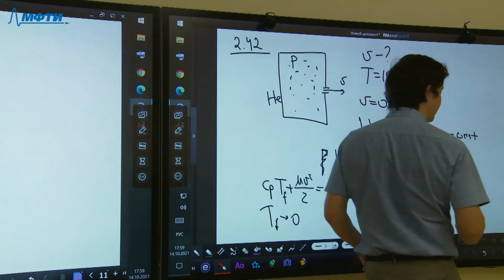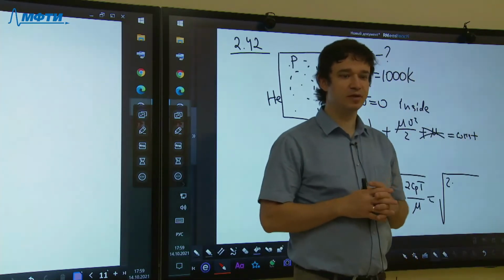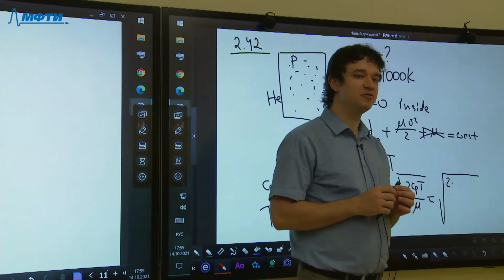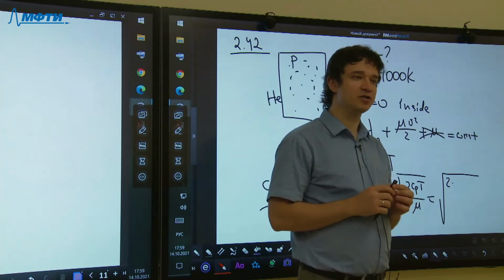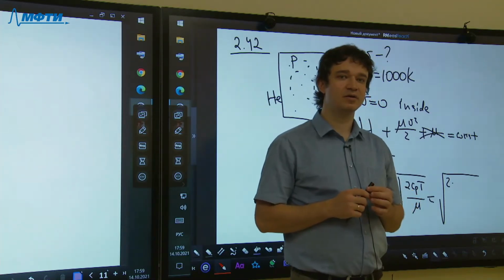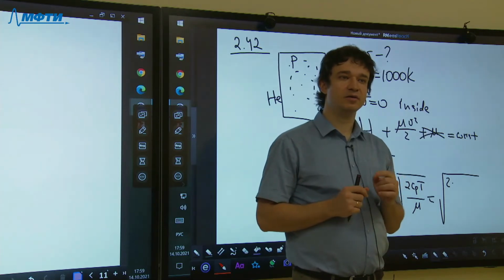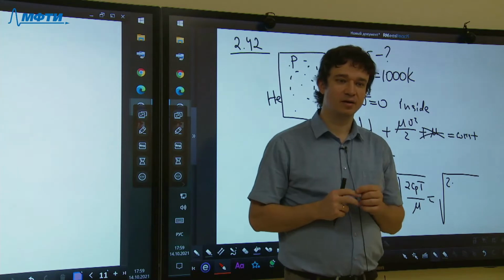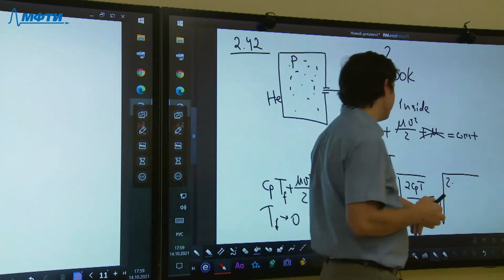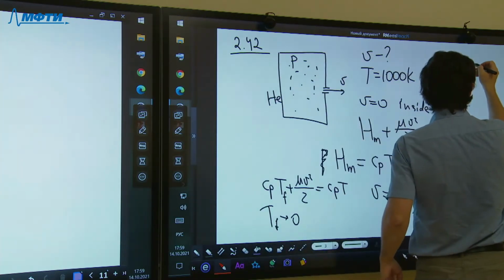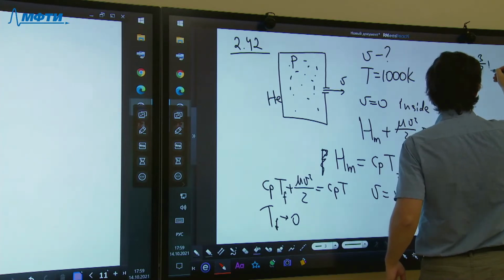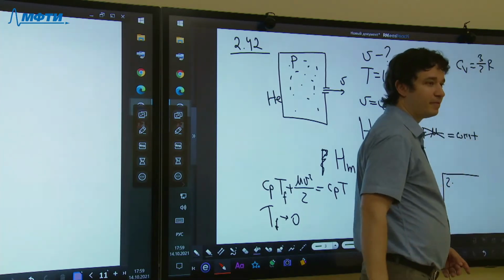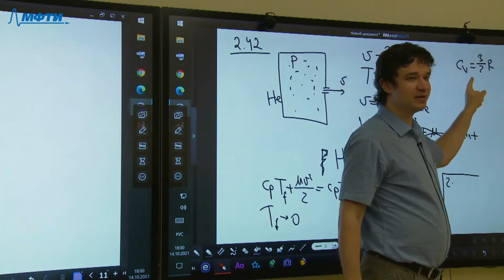Cp for helium, the question to everyone. Molar heat capacity of helium at constant pressure. Okay, if I have heat capacity at constant volume, then it is 3 over 2R. But for Cp?